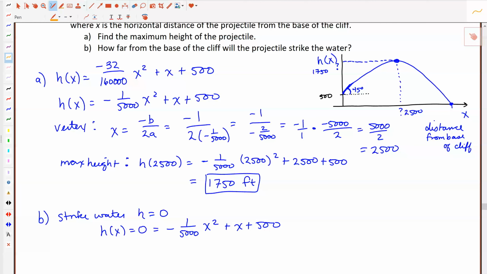Not impossible, just more complicated. So one of the things that's sometimes nice is to clear the fractions. Now in this case, because that denominator is so big, our numbers are going to get big, but hey, at least I won't have fractions, so maybe I'm trading one problem for another. But to clear the fractions, we'll multiply both sides of the equation by 5,000.